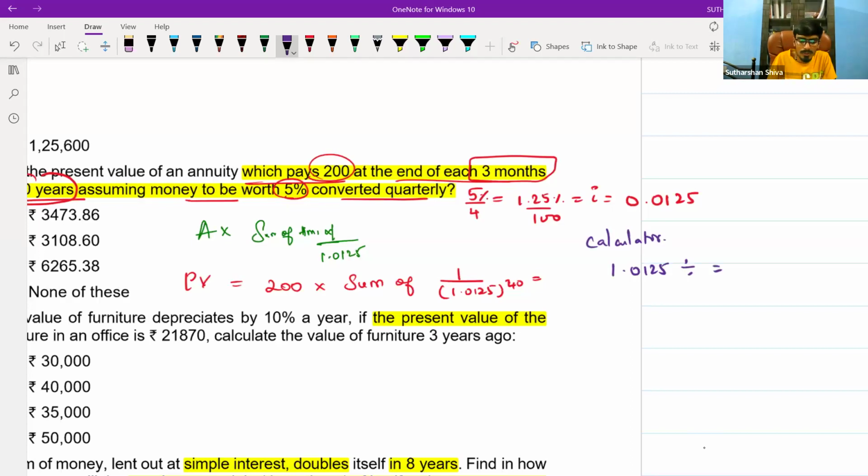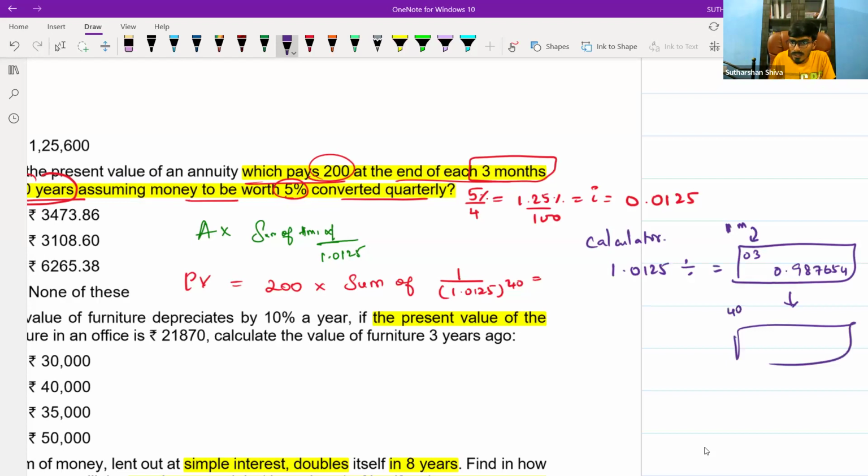In the corner it will show 3. It will give 0.987654. For that one month it is showing 3. I need 40, so it needs to go up to 42, increasing by 2. So up to 42 in the corner.